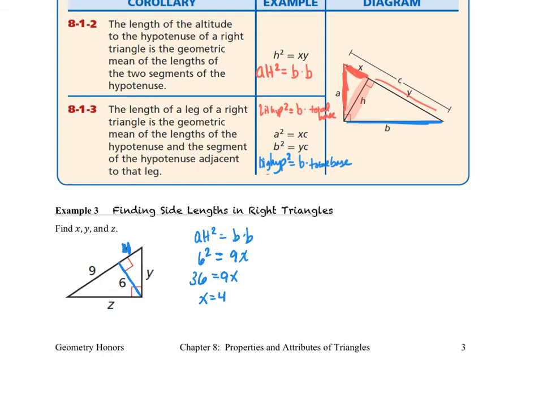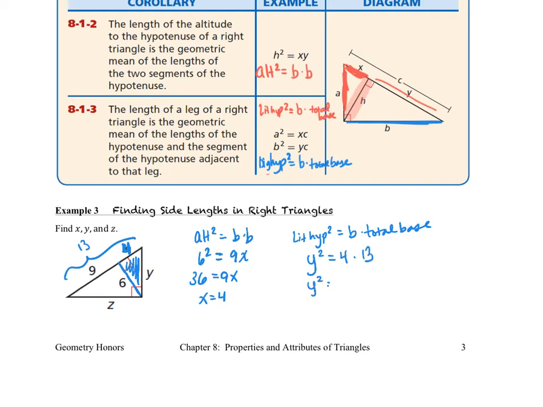So since I have that, I could do little hypotenuse squared equals base times the total base. So little hypotenuse squared would be the smaller triangle. I'd call that y squared equals base, which is 4, times the total base. Well, the total is 13, 9 and 4.